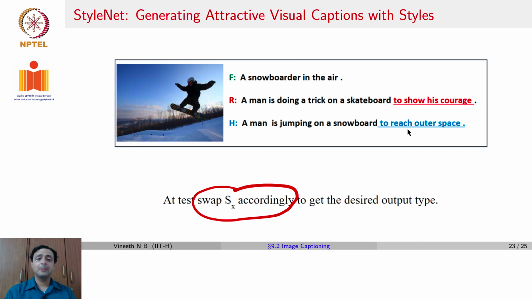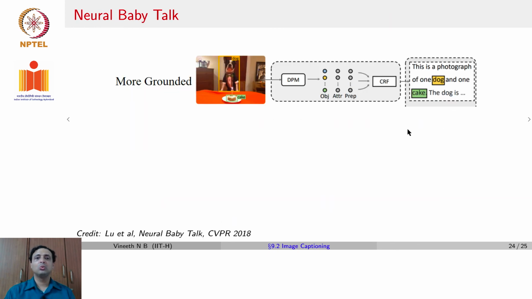This was StyleNet. Another recent work was known as Neural Baby Talk, which is from CVPR of 2018, which again provides a different spin on how the image captioning is performed. So in a more traditional computer vision sense, before deep neural networks came, to be able to caption would have needed two specific kinds of approaches known as deformable part models and conditional random fields.